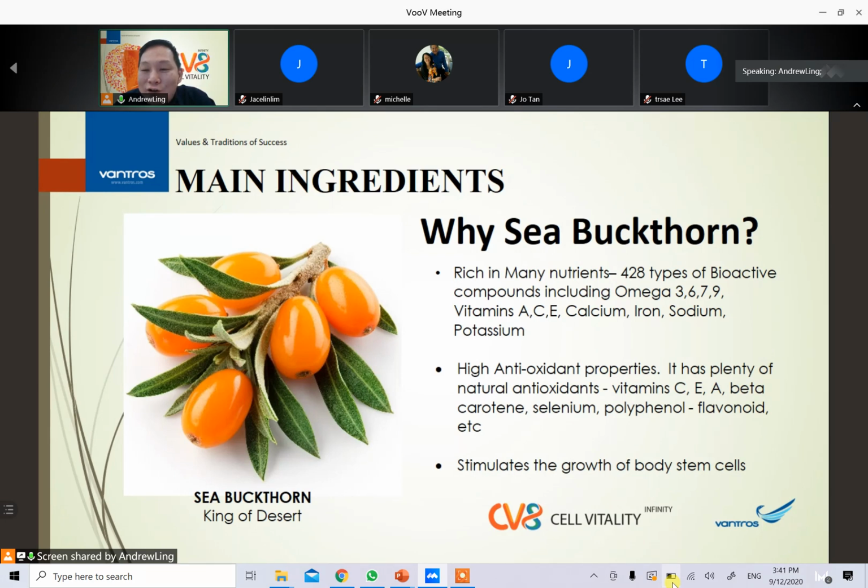These are all the nutrients that our body needs. And of course, it also contains very high antioxidant properties, such as vitamin C, E, A, beta-glucan, selenium, and all these things. It is also proven that sea buckthorn can stimulate the growth of the body's stem cells as well. That is why this is one of the very special ingredients that we use in this CV8.